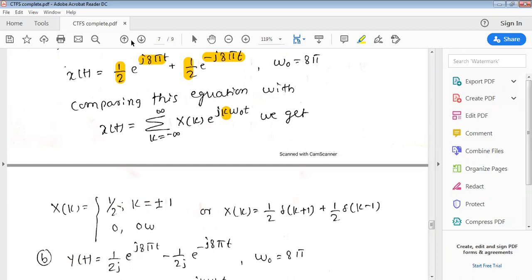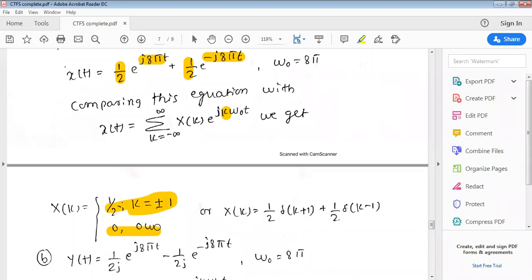When k equals plus 1, I'll get this here. When k equals minus 1, I'm going to get this term because omega naught is 8 pi. Therefore, when k equals either plus 1 or minus 1, what is the magnitude? Magnitude is 1 by 2. If you get different values, for plus 1 you write 1 by 2, and for the other you write another value. That's all. So k equal to plus or minus 1, and the remaining values are 0.